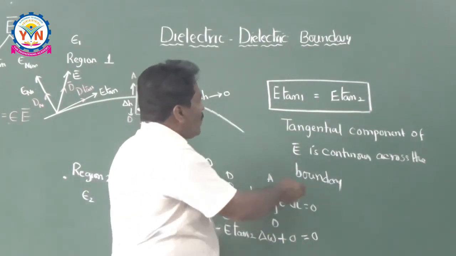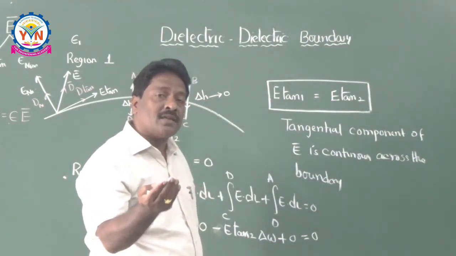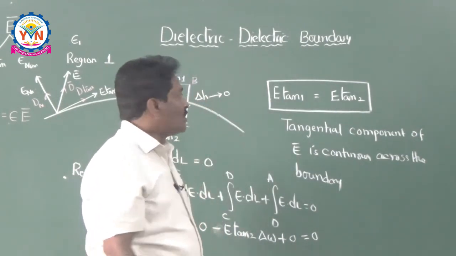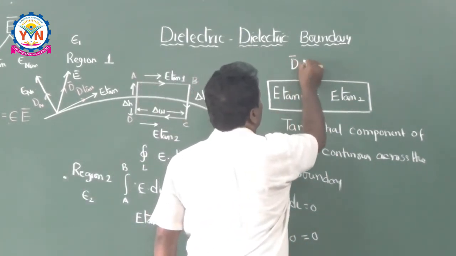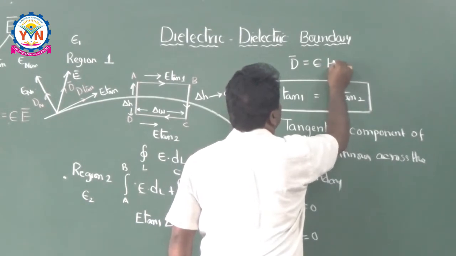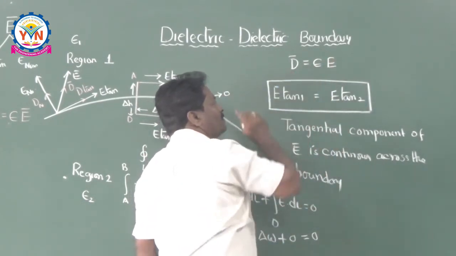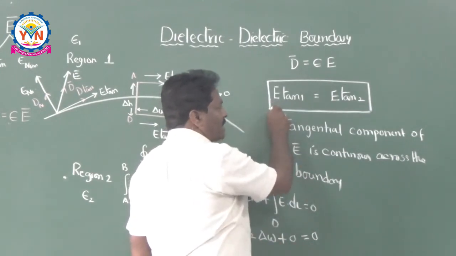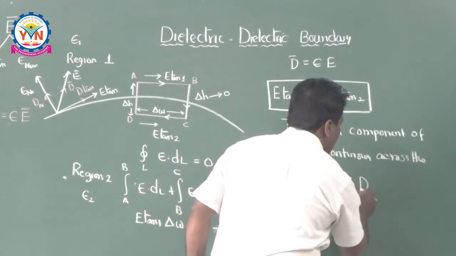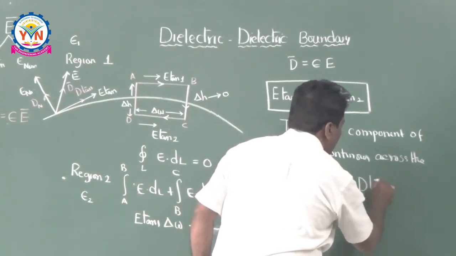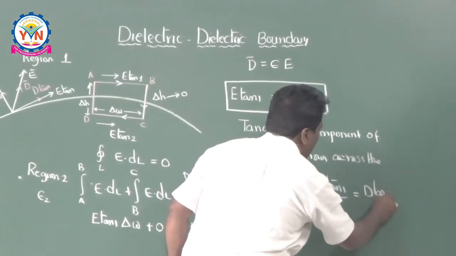Friends, once you know tangential component of E, happily you can write down tangential component of D also. So using the relation D bar is equal to epsilon times E bar, you are already having the relation. Then I can say E tan is equal to D tan by epsilon. That means this can be written as D tan 1 by epsilon 1 is equal to D tan 2 by epsilon 2.